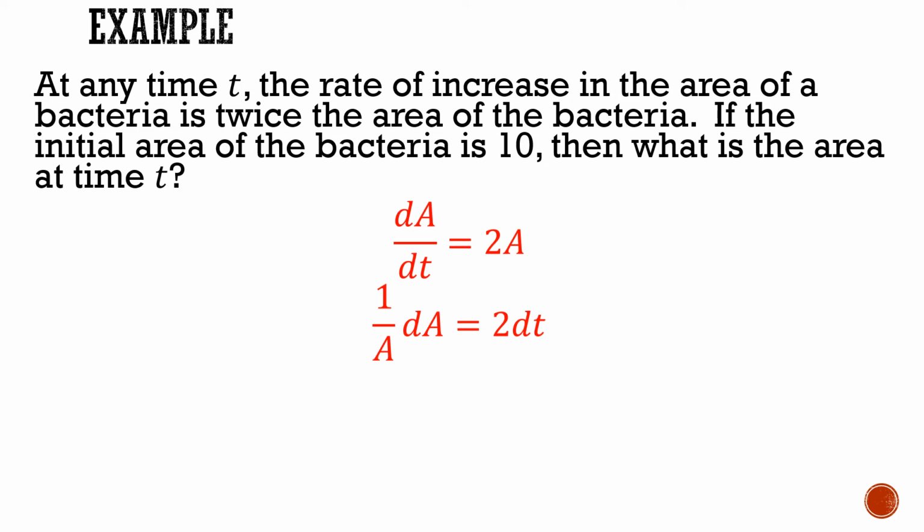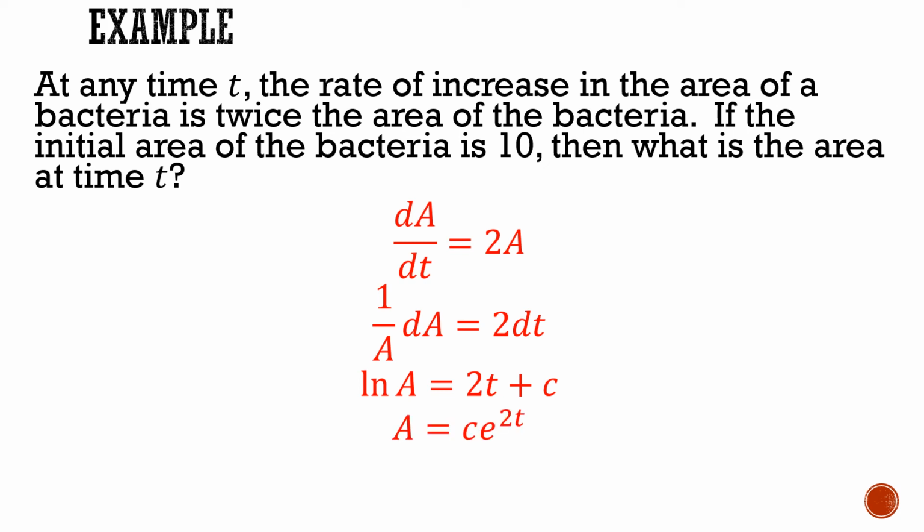Basically, I'm solving this differential equation. I get all my t stuff on one side and my A stuff on the other, so I multiply by dt and divide by A. Once I do that, I integrate both sides and end up with ln A equals 2t plus c. Notice that I didn't put absolute value on the A since we're talking about bacteria, and we're not going to have a negative amount.